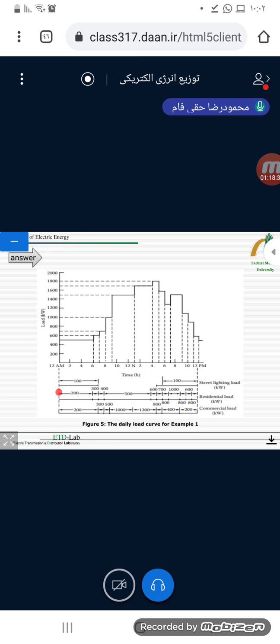For example, at this time, we have street lighting 100, 200 for residential loads, and 200 in commercial loads. 200, and 100 will be 500 kilowatts, and others. This curve shows the load curve for the primary feeder. Okay?